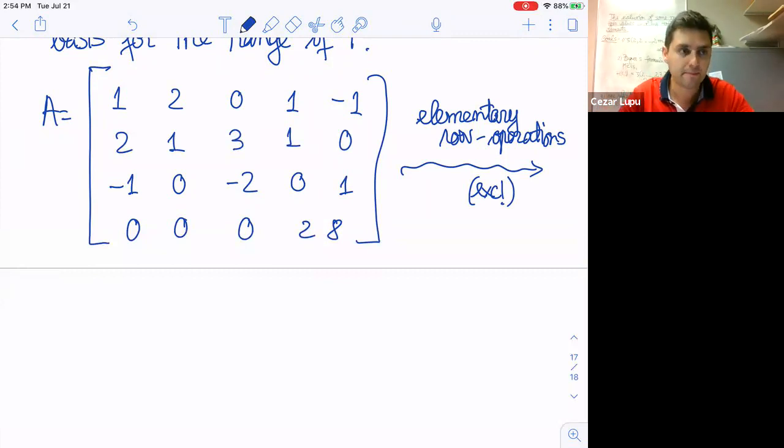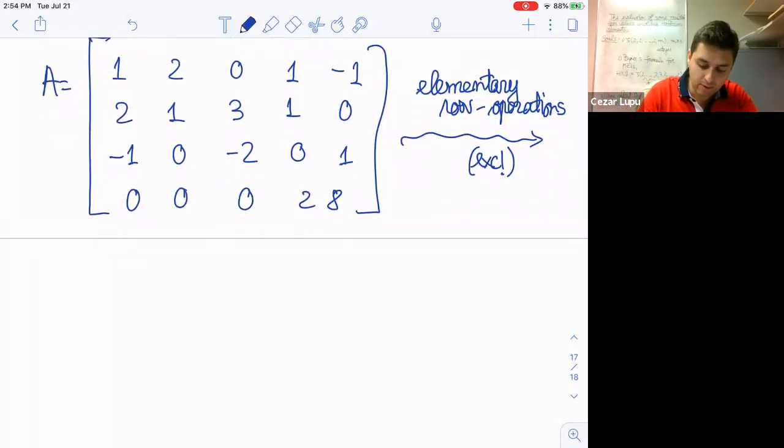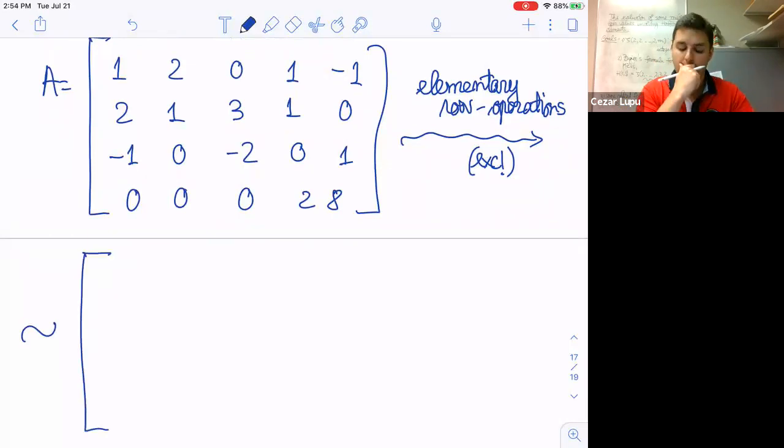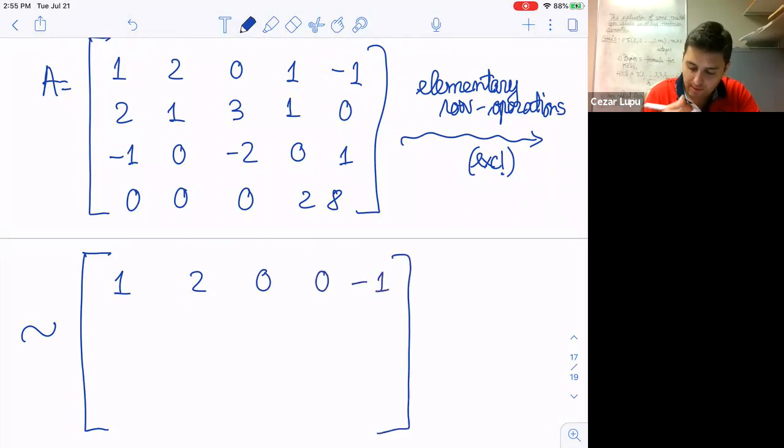After we do this, this will be equivalent to the following row-reduced matrix. This will be 1, 2, 0, 0, -1. The last one, I have to get 0, 0.